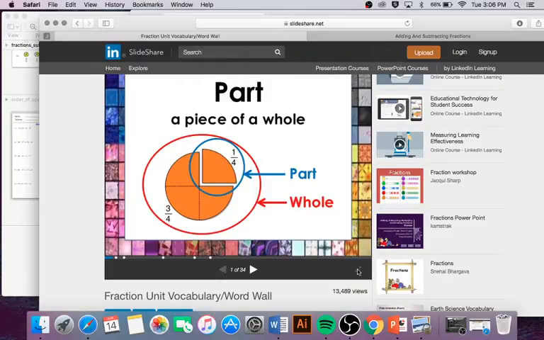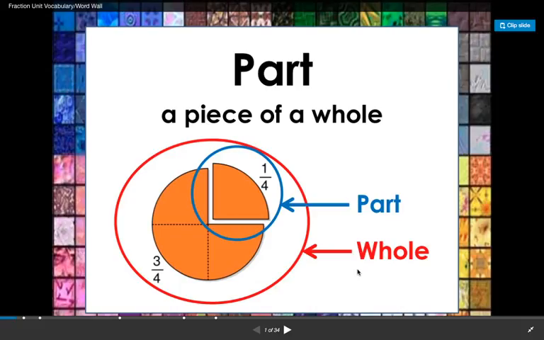So this first PowerPoint I want to show you, it's just talking about fractions, and fractions are just a part of a whole. So if our whole circle is these 1, 2, 3, 4 parts, a part of it would be 1/4. So one part. The other part over here, if we take away this one part, would be 1, 2, 3 parts of the 4 whole parts.